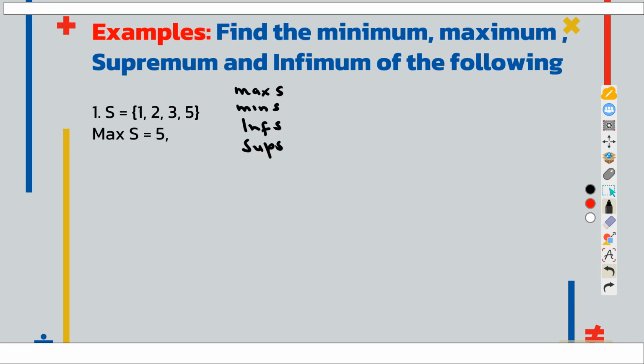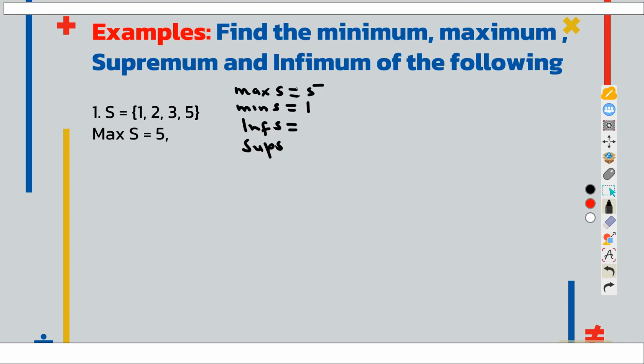We can list them: 1, 2, 3, and 5, the smallest being 1 and the largest being 5. So this is a closed bounded set of integers, and we can easily note the largest element, which is 5, and the smallest element, which is 1. 1 is an element in S, so it qualifies to be a minimum.